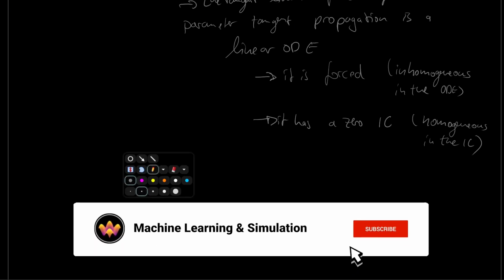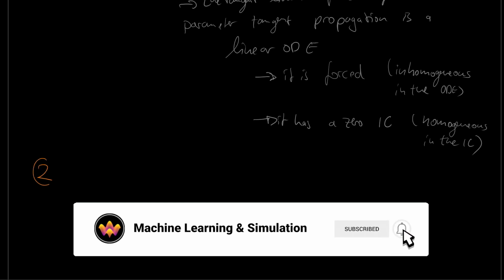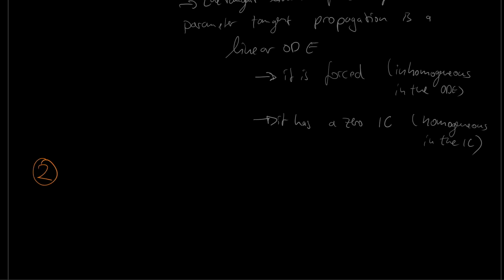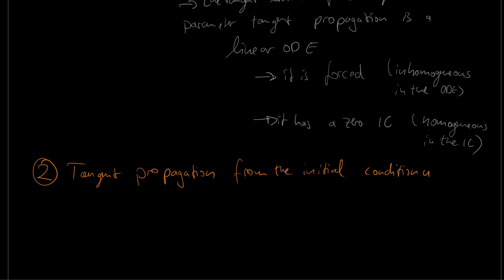This one will be now a bit quicker because we already know how we have to proceed. So point 2 is the tangent propagation from the initial condition, and this is u theta.